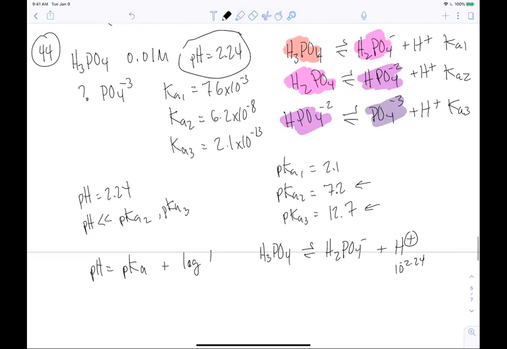That's going to be the starting concentration. This is the inverse of the pH to make sure it's in the right units. And then 0.01. So you could say minus X, plus X, plus X.